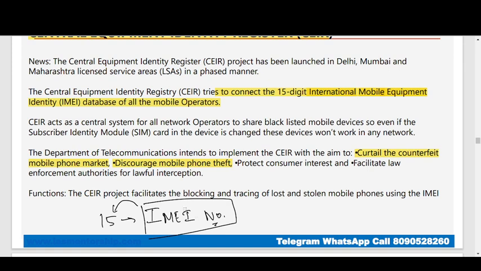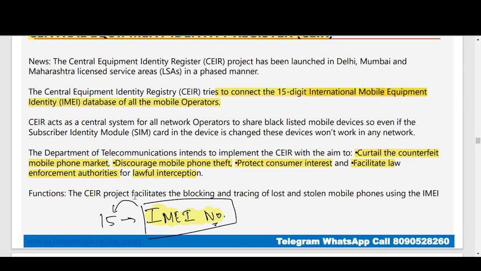If a person, for example, has taken your phone and gone away, you can directly contact the call center, Department of Telecommunication, and say that my IMEI number is this, and please block my IMEI number. When this IMEI number is blocked, any SIM card inserted in that device will not work. So eventually this is also protecting consumer interest. Okay, and this is also facilitating law enforcement authorities for proper interception.